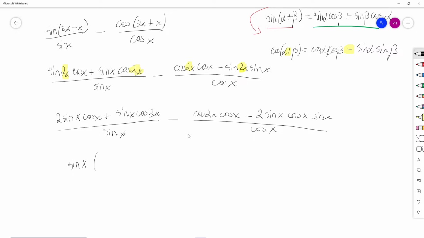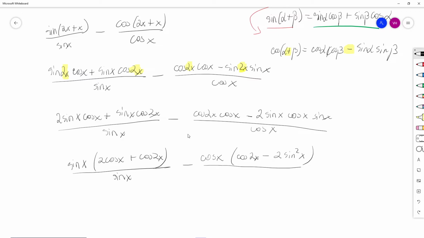So sine x times 2 cos x plus cos 2x over sine x minus, and we do the same thing here but with cosine x: cos 2x minus 2 sine squared x, since we have two more sines, divided by cosine of x.